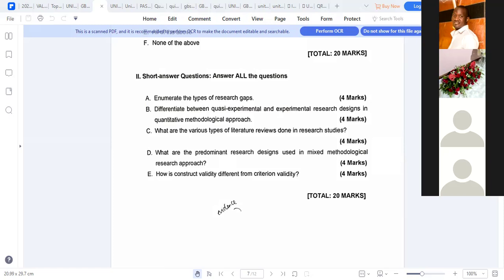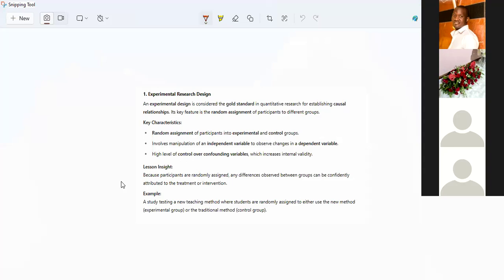So quickly, the experimental research design is like a global standard. It's considered a global standard approach in quantitative research because it is the ultimate that we use when we want to establish causality. It has a unique feature which is called random assignment of participants to different groups.